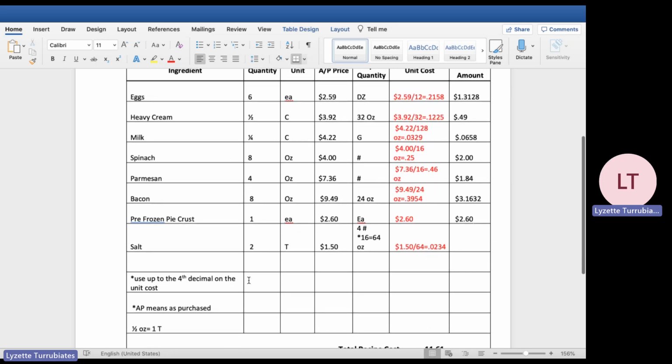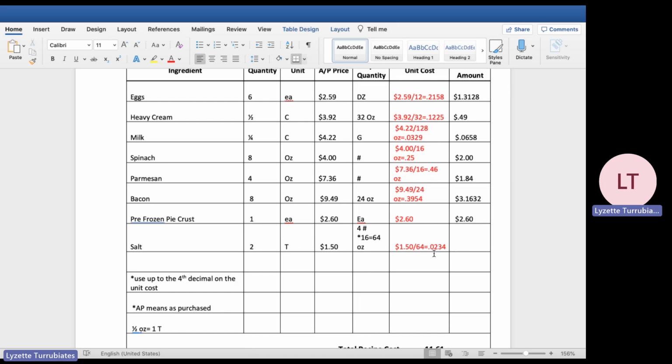Okay, so salt is a little bit different. When we are looking at salt, we need to know how many ounces are in salt because we broke it down to ounces, right? So 1 tablespoon is about a half an ounce, so 0.5. And we need 2 tablespoons, so we're only going to be needing 1 ounce. So if this was broken down to the ounce, that carries over because that equals 1 ounce of salt.